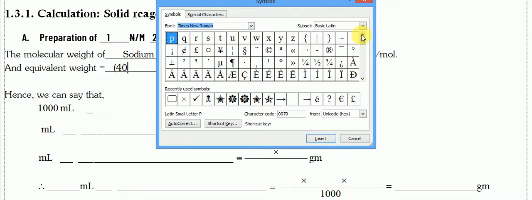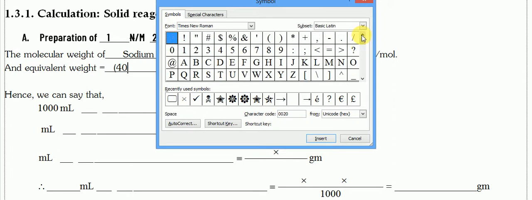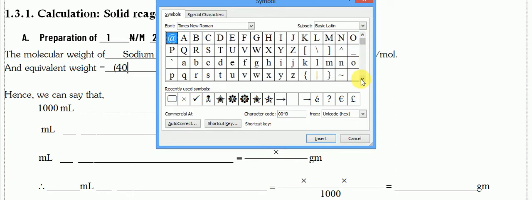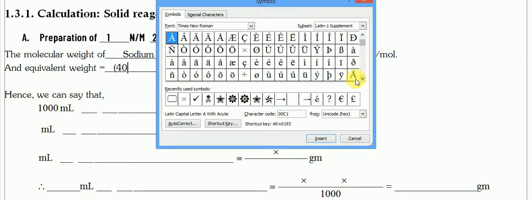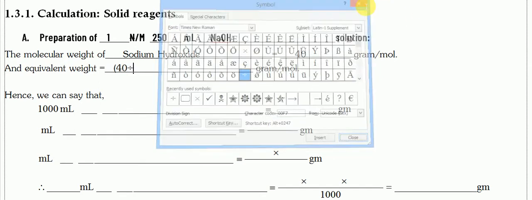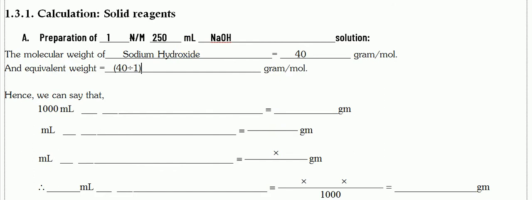We know that by dividing the molecular weight by the equivalent number, we get the equivalent weight or equivalent mass. 40 divided by 1 is equal to 40. That means sodium hydroxide has the same normality and molarity, since it has the equivalent number 1. This part should have been done if we were calculating the normality. Since we are calculating the molarity, we do not have to write this section.